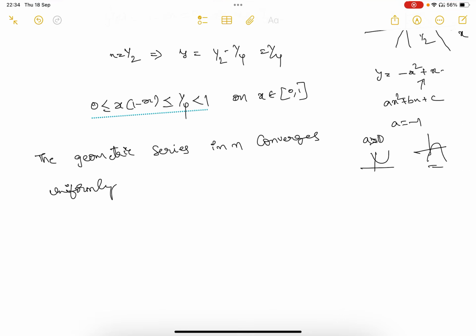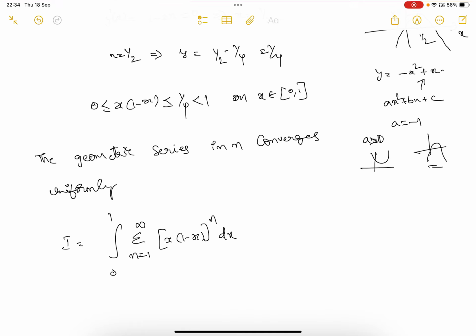Because it's converging, now you can just let the summation inside of the integral, which is integral 0 to 1, summation n equal to 1 to infinity, x into (1 minus x) whole power n dx.